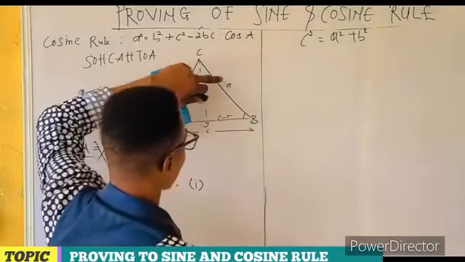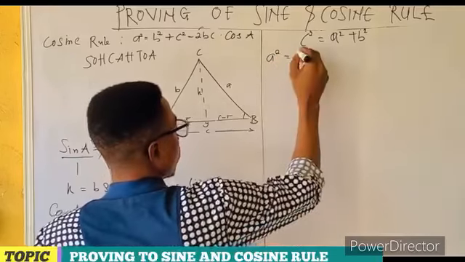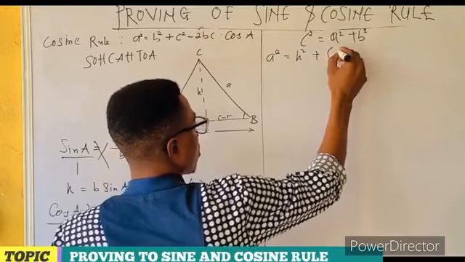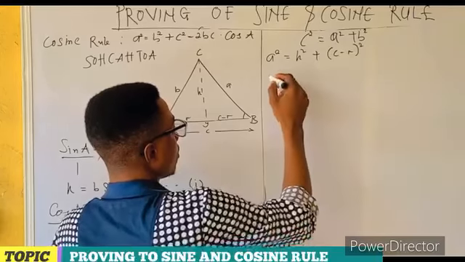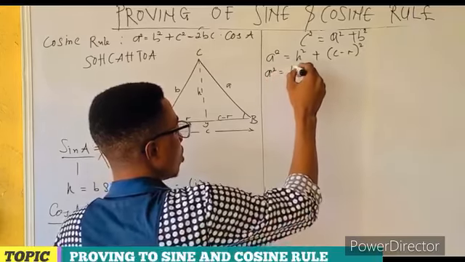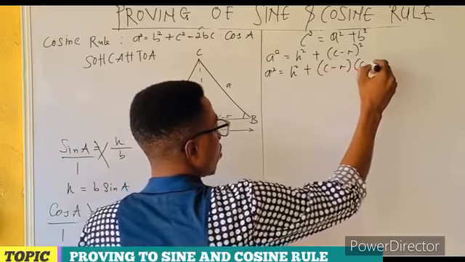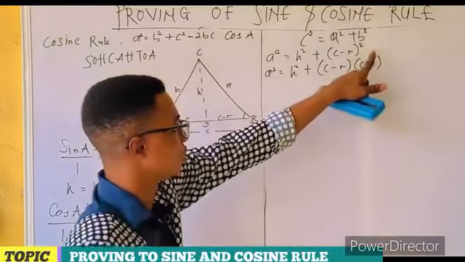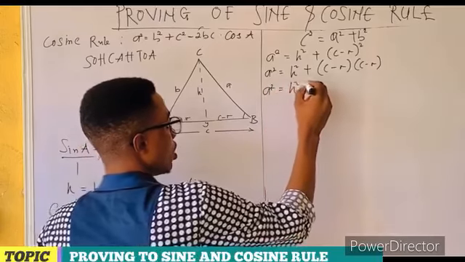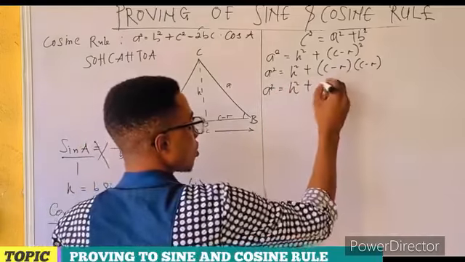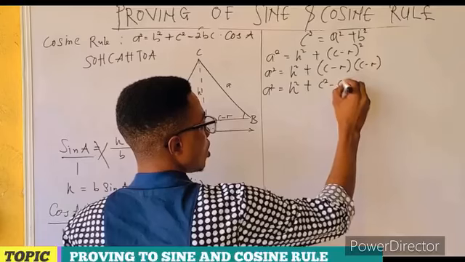Now, this happens to be our hypotenuse. We have a squared is equals to h squared plus (c minus r) squared. So we have a squared equals h squared plus (c minus r), (c minus r), of course, is in squared. c multiplied by c will give us c squared. c multiplied by minus r will give us minus cr.